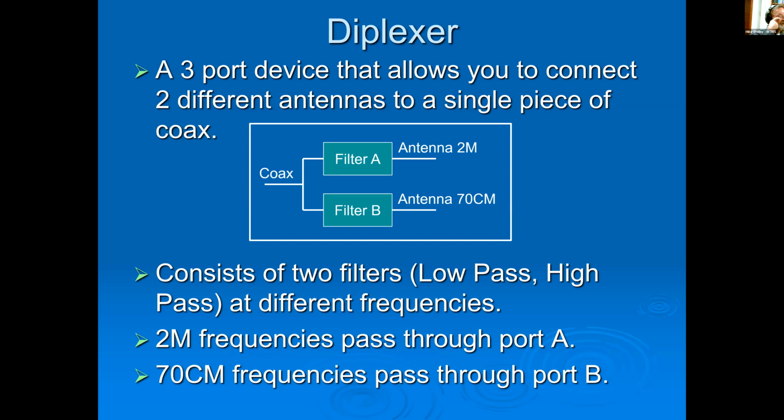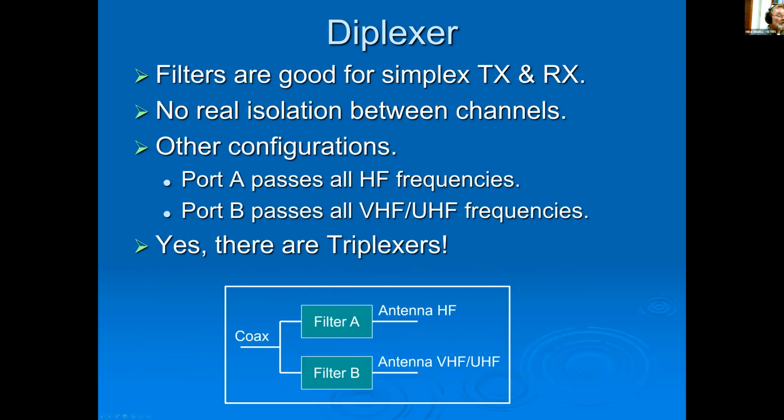It's a low profile, low cost, very simple diplexer that can connect coax to multiple antennas. And these guys here run probably between $28 to $50, pretty inexpensive. Okay, so the filters are good for simplex, so you can't multiplex stuff through there.